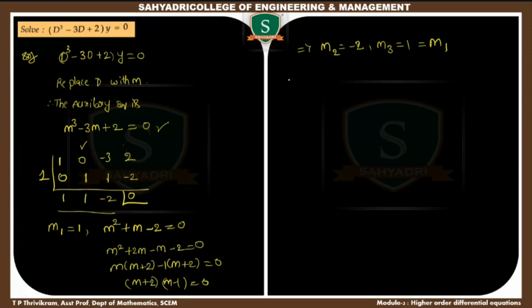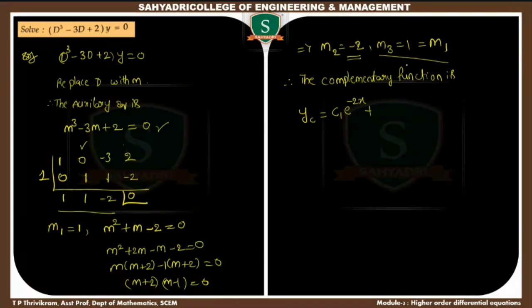So therefore the complementary function is, how much? Yc is equal to, first write the distinct root value: c1 e power minus 2x, plus, whenever a root is repeated 2 times, you have to write a first degree polynomial.